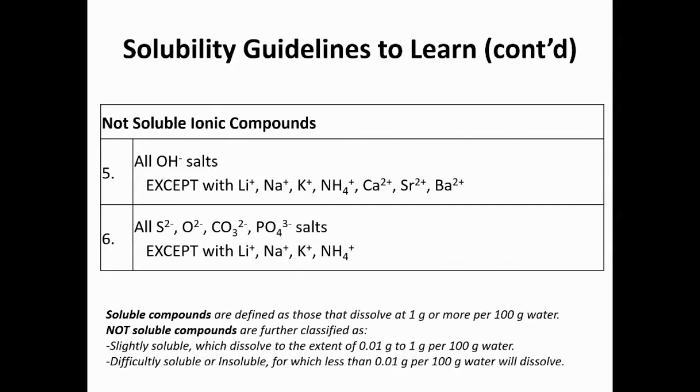Otherwise, all hydroxides are not soluble. The others that are not soluble are sulfides, S2-, oxides, O2-, carbonates, CO3 2-, and phosphates, PO4 3-. Those are typically insoluble. The only soluble exceptions are lithium, sodium, potassium, as well as ammonium.